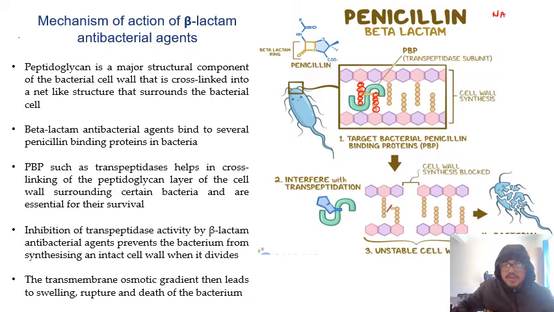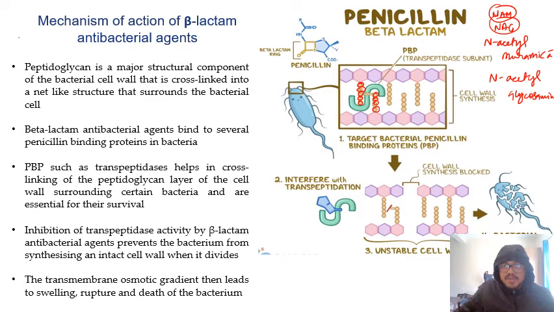You can see first one is NAM, then NAG, then NAM, then NAG, alternating one by one. NAM means N-acetyl muramic acid, and NAG is N-acetyl glucosamine. So these are alternate monomers of NAM and NAG.